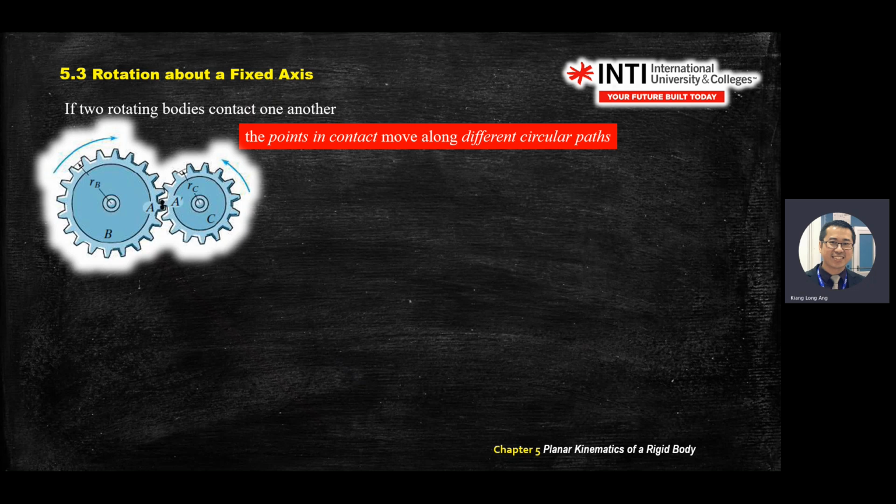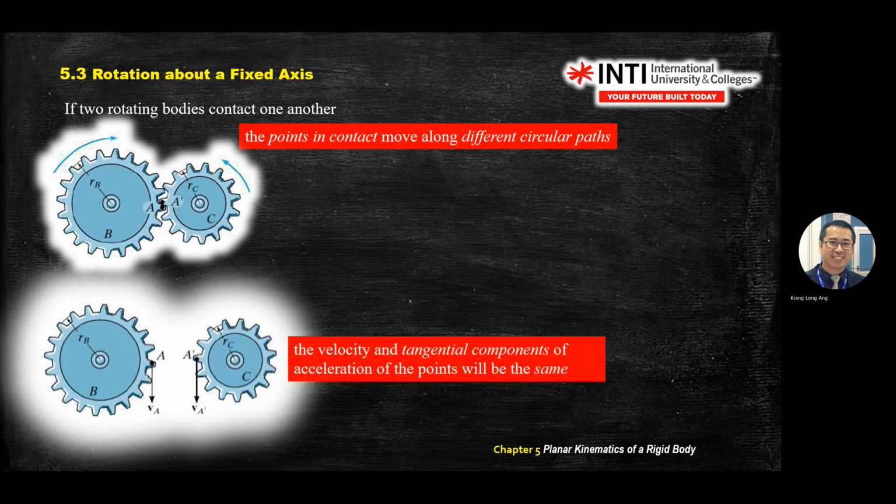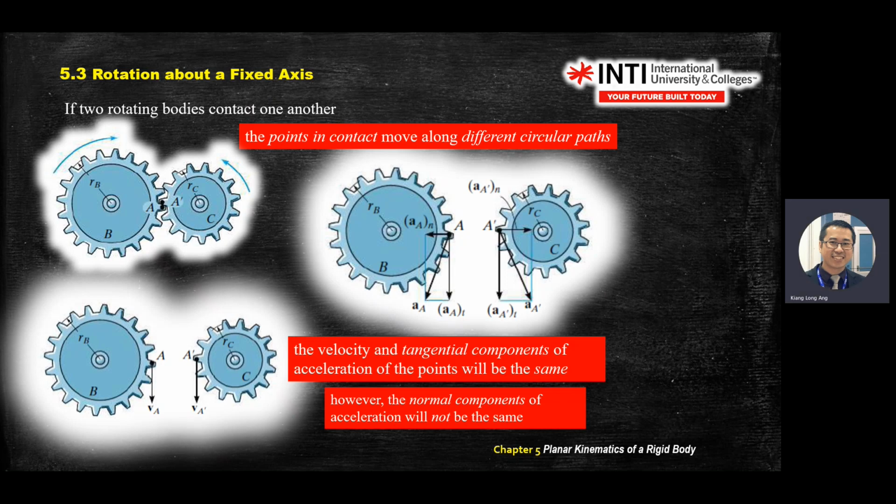A and A prime meet at one point there, and they move in a circular motion but in different directions. So if you split into two different kinematic diagrams, VA will move down here, VA will move down also. Then you split into normal and tangent direction, like what you did before.